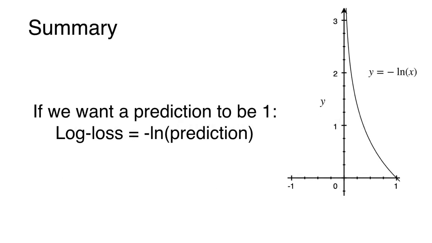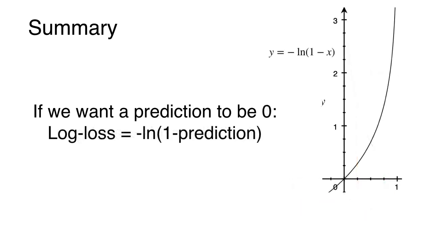To summarize, if the label is 1, which means we want the prediction to be 1, we define the log loss to be negative logarithm of the prediction. Notice that from the graph of negative logarithm of x on the right, this is big when the prediction is close to 0 and small when the prediction is close to 1. And then when the label is 0, which means that we want the prediction to be close to 0, then we use as an error function the negative logarithm of 1 minus the prediction.